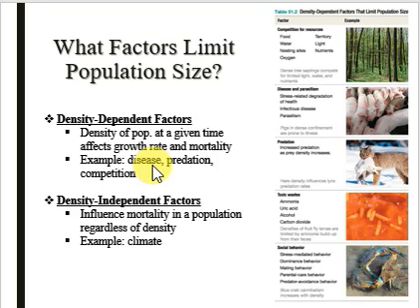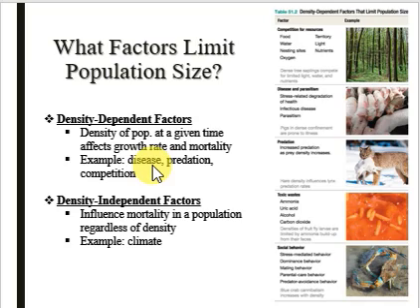A lot of these factors are based on intraspecific interactions or interspecific interactions. Intraspecific interactions refer to within a species. So these are interactions occurring between individuals of the same species. An example would be competition among members of a cohort for food. Interspecific interactions are between species.